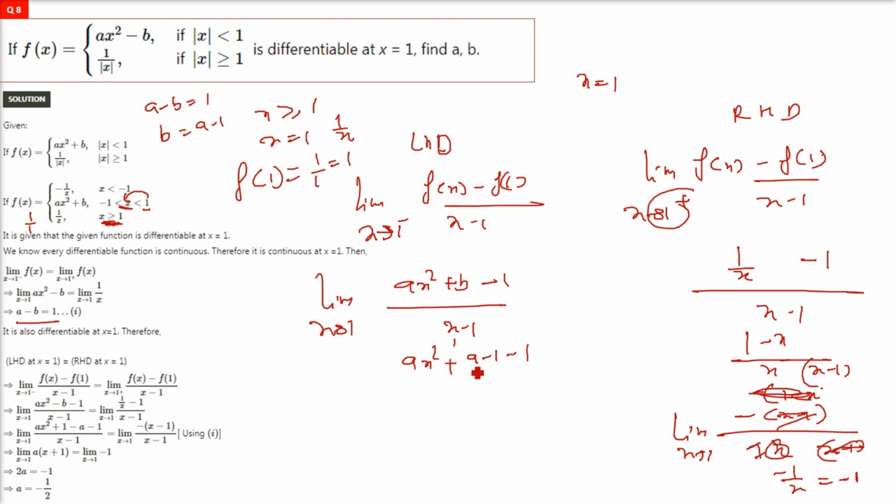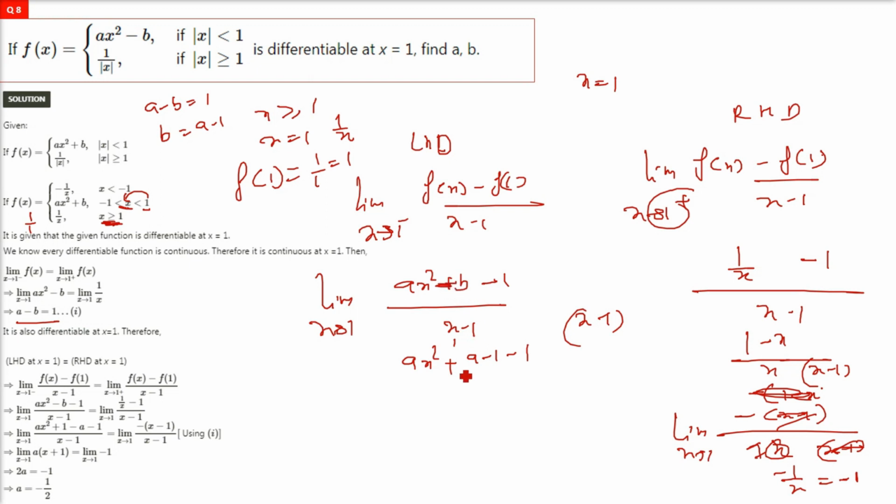But it is not ax square plus b. I have done a mistake again, I am so sorry about that. It is not ax square plus b, it is ax square minus b. So when you put minus b, this will be negative a plus 1, and in the denominator you have x minus 1. I used ax square plus b, which is not correct.